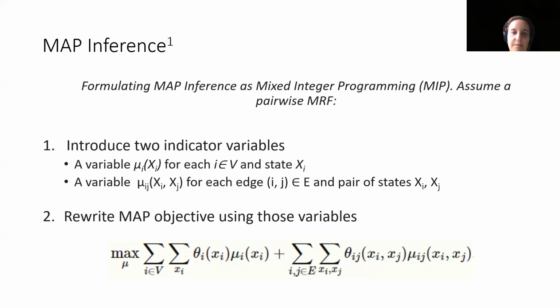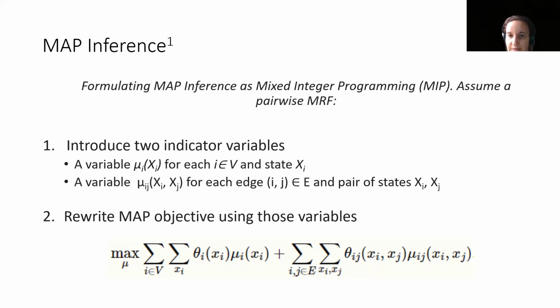Okay. So how do we map the previous problem to a MIP problem? We introduce two indicator variables, and these are the variables that the problem will be solving.